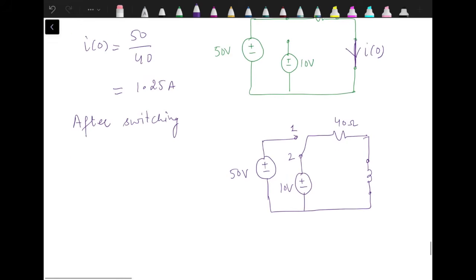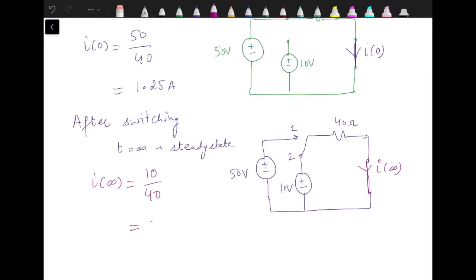Again, at t equal to infinity, it means steady state, inductor will behave as short circuit. Let's replace it by short circuit. Then we can calculate the current through the inductor terminals. It's again a simple series combination of a voltage source and a resistor, 10 by 40, which is actually 0.25 ampere.